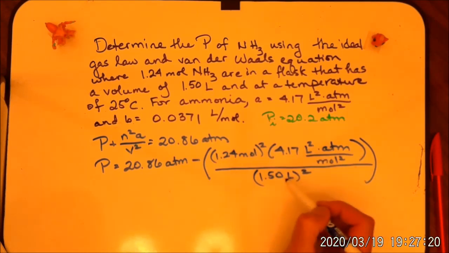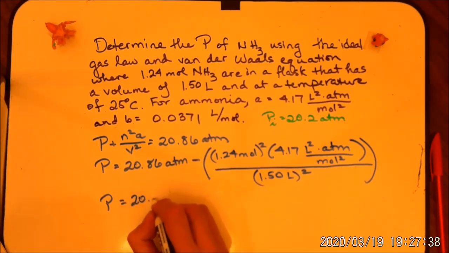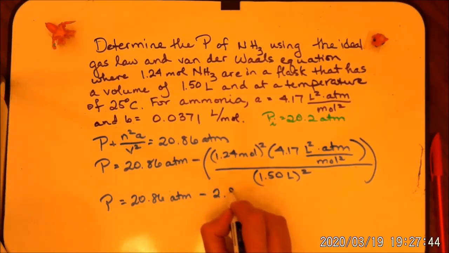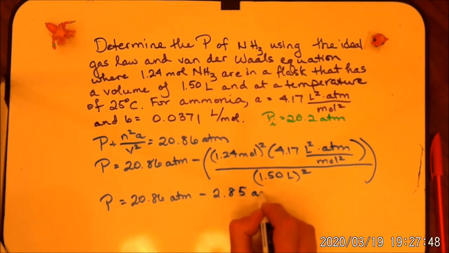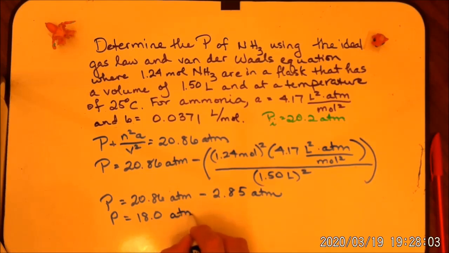Mole squareds divide out, liter squareds divide out, and my answer will be in atmospheres, which is great. 1.24 squared times 4.17 divided by the square of 1.5 gives me 2.85 atmospheres. So 20.86 atmospheres minus 2.85 atmospheres means my pressure using the van der Waals equation for real gases is 18 atmospheres.